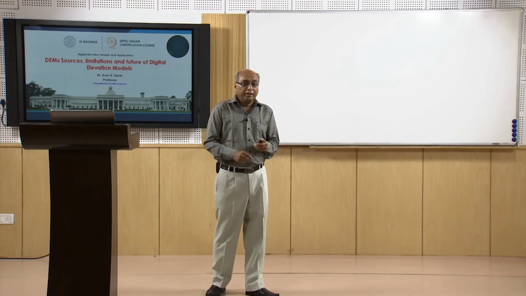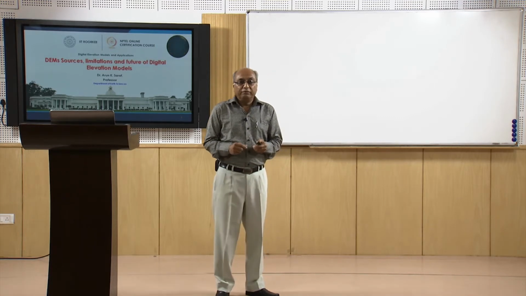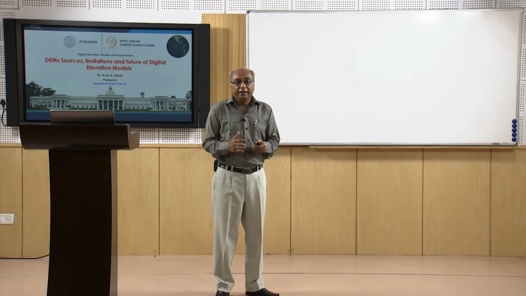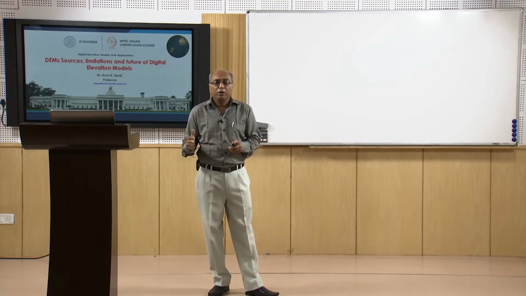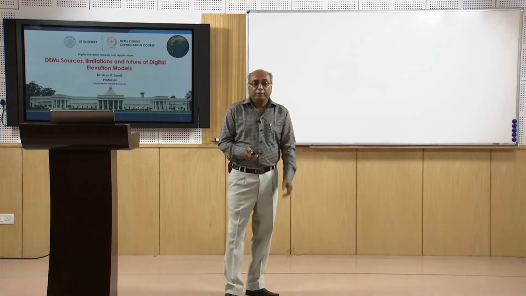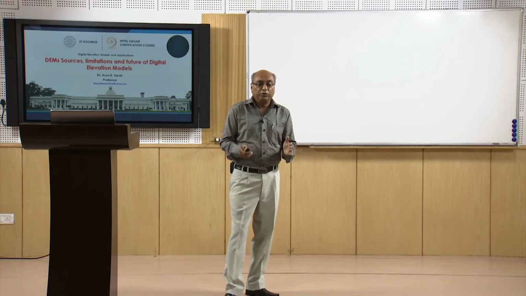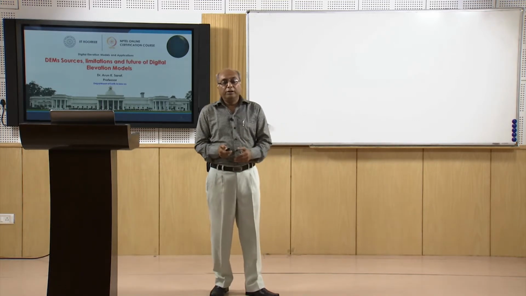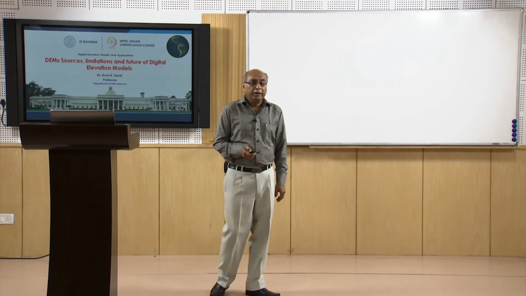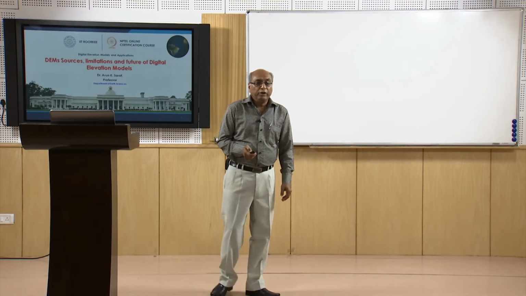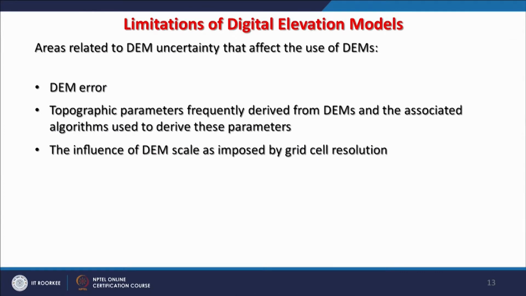Though it looks very small, if the jet factor has not been taken care of, the entire output becomes unreliable. That means the entire slope map, aspect map, or any other output which involves the jet factor becomes unreliable. So while deriving such parameters, all options even in a software have to be understood first, and only then should we proceed for processing. And the influence of DEM scale is imposed by the grid cell resolution.